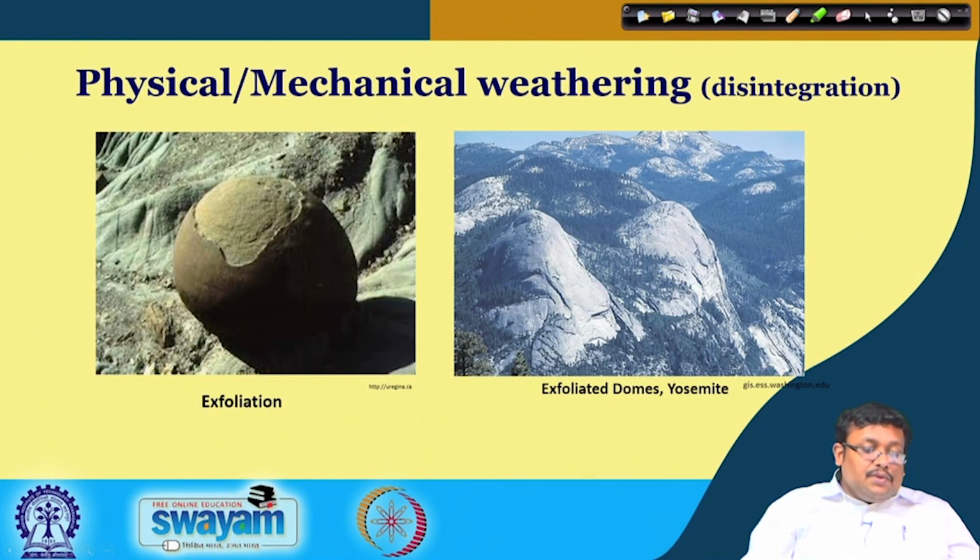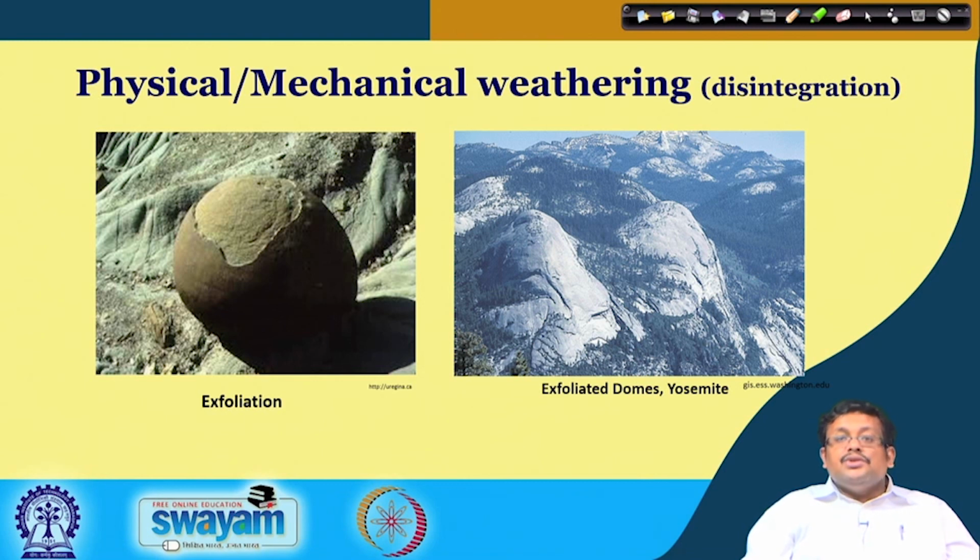Now, this one shows the example of exfoliation, just like peeling an onion. So, you can see that the top layer of the rock breaks apart parallelly due to the contraction and thermal expansion, and this is called exfoliation.